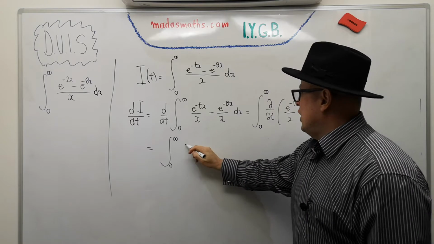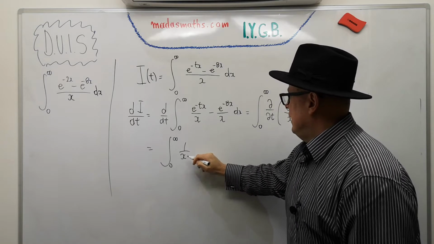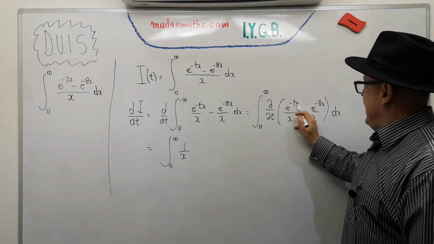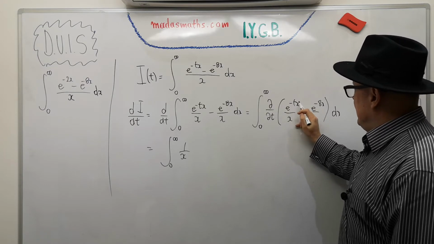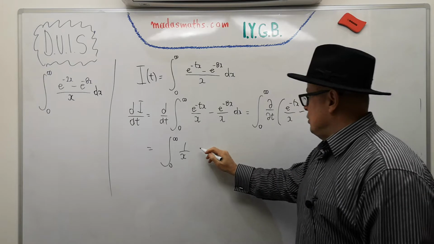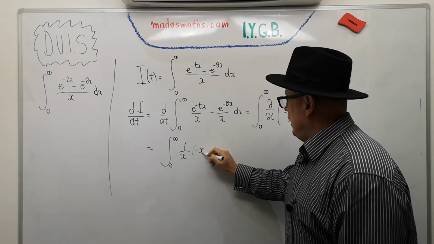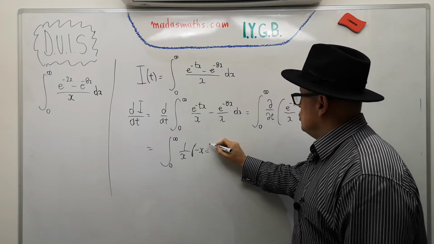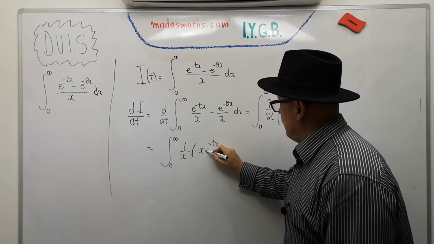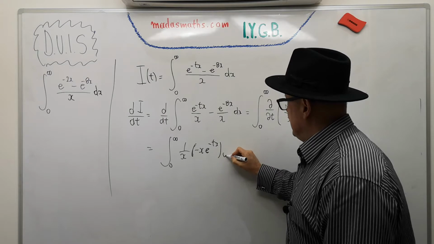So the 1 over x is a constant. Let's write it outside. It makes no difference for this bit here. And if we differentiate with respect to t, we're going to get a minus x coming to the front. Minus x e to the minus tx, close bracket, dx.